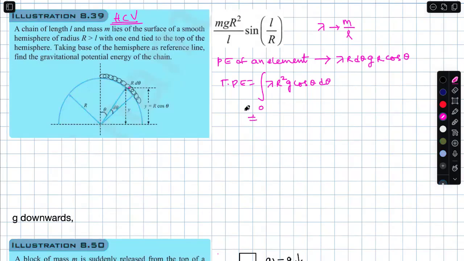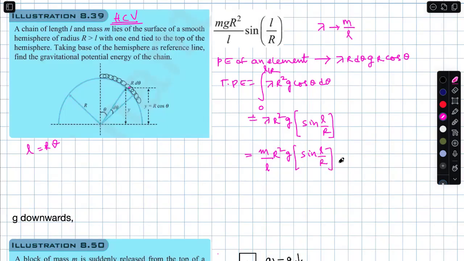Theta is from 0 to, please try to understand, when this is of length L and radius R, L is equal to R theta, so theta is L by R. Now you can write this as lambda R square g, the integration of cos theta becomes sin theta, sin of L by R. Lambda is M by L, so M by L R square g sin of L by R. This is the total potential energy of the system.